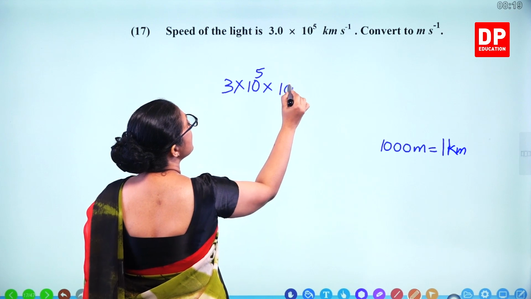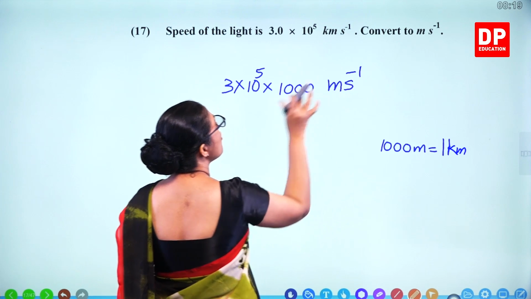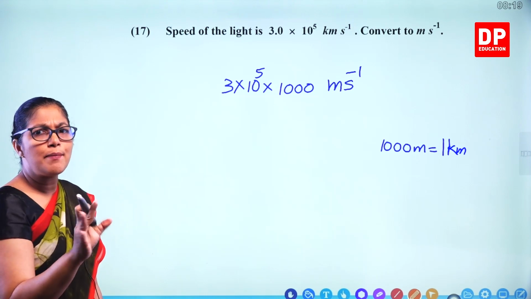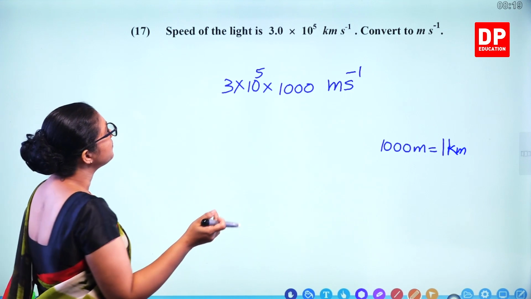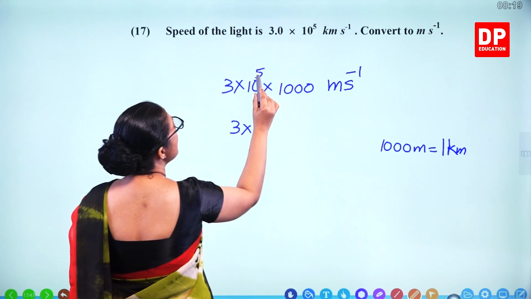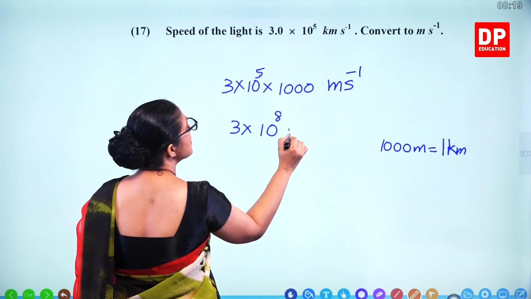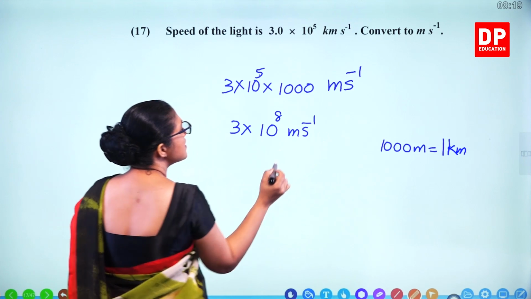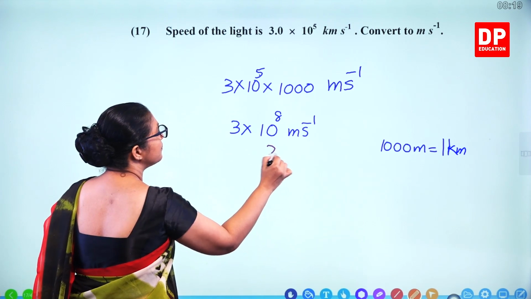So multiply by 1000, then it becomes meters per second. You are not dividing by anything because same units for time. So 3 times this, 3, and 10 to the power 5 plus 3, 8 meters per second is the speed. So 2 marks for that.